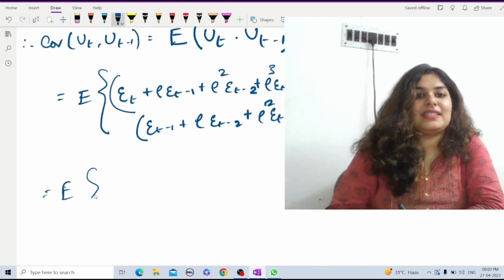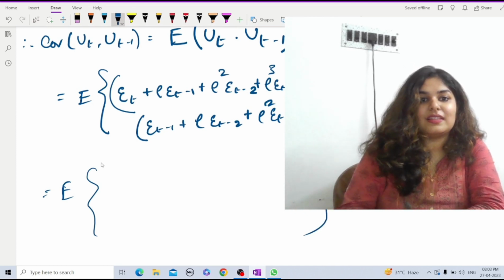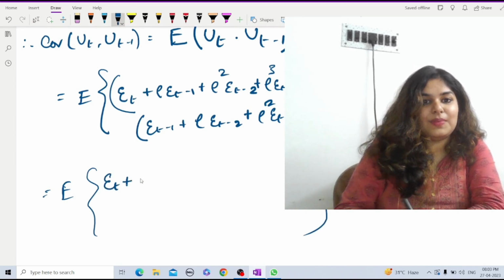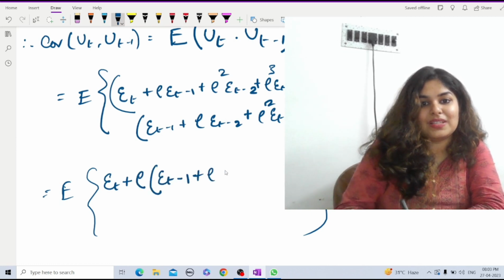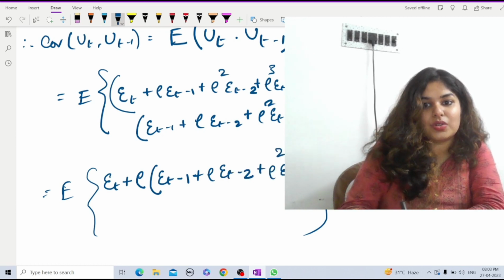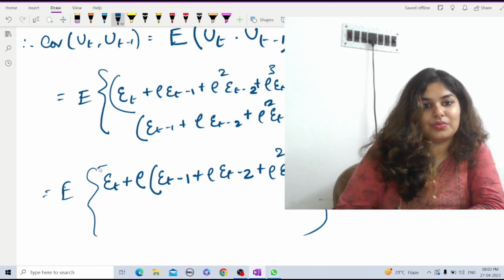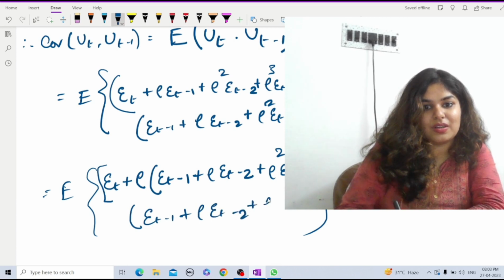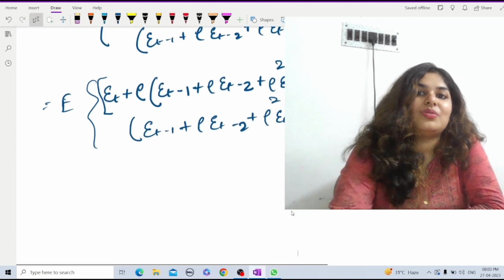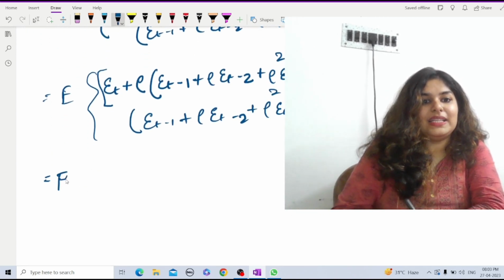Now, let us take rho as common, so inside the bracket we have epsilon t minus 1 plus rho epsilon t minus 2 plus rho square epsilon t minus 3 plus dot dot dot, into epsilon t minus 1 plus rho epsilon t minus 2 plus rho square epsilon t minus 3 plus dot dot dot. So now here let us multiply, right?